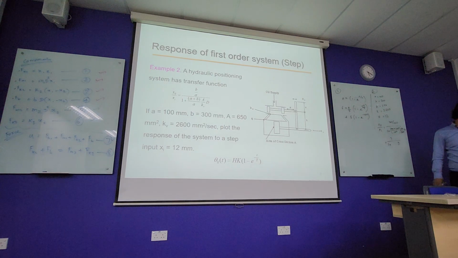Let me see. So 4 times 650 divided by 2600, I think it's 1, right?